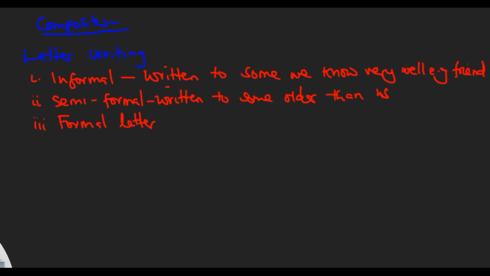If you want to write a letter to someone older than you, then you use semi-formal, because even the language you'll be using will be somewhat formal. It can be an uncle, father, mother, or a bishop. And then formal is where we write to an official.